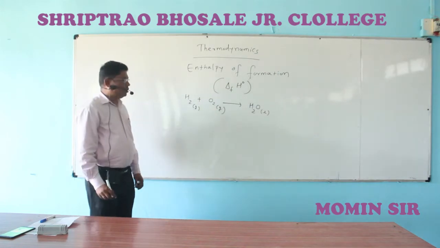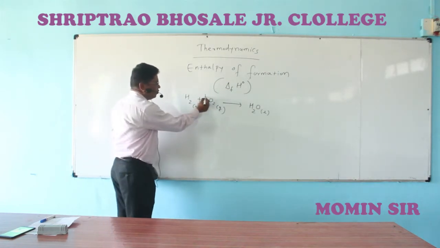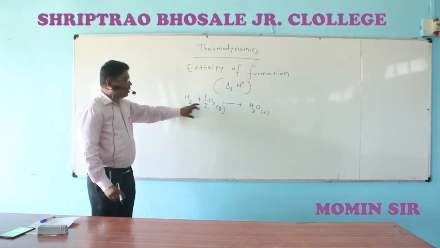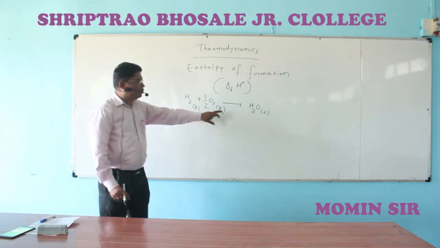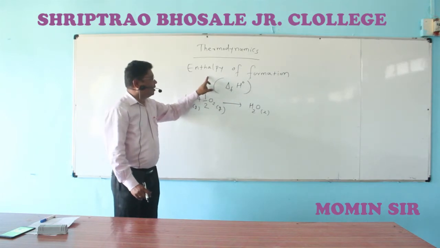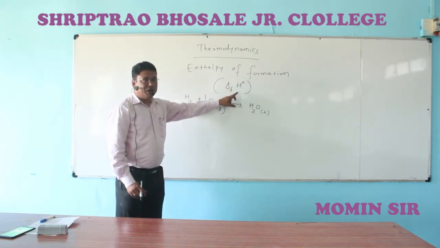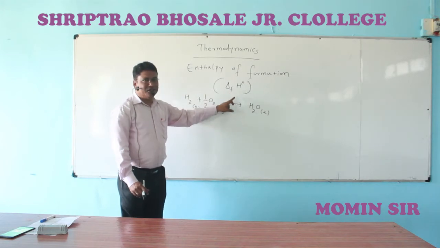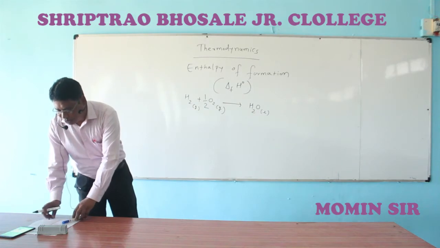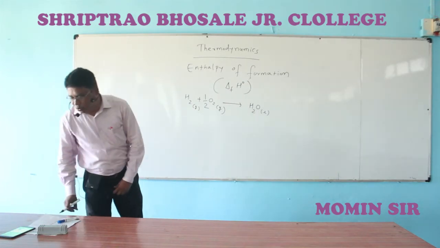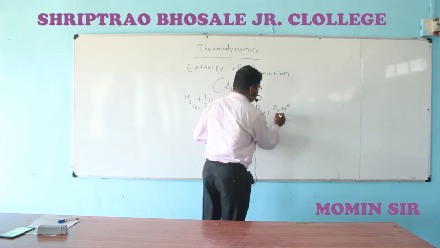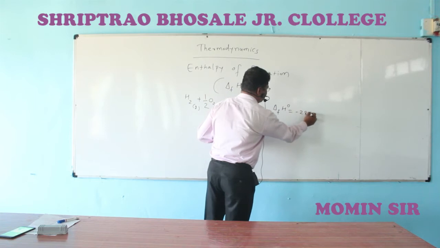To balance the reaction, we write 1/2 O2. Whatever enthalpy change takes place during formation of liquid water is called enthalpy of formation, denoted as delta H0 formation. The standard enthalpy of formation of water is minus 286 kilojoule.